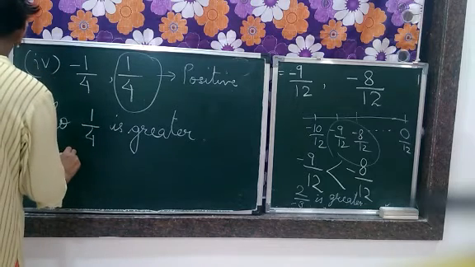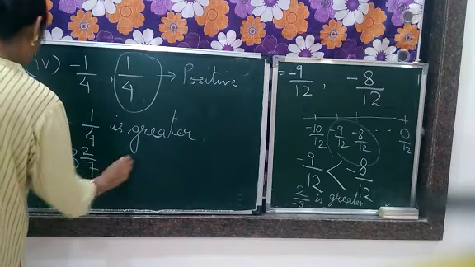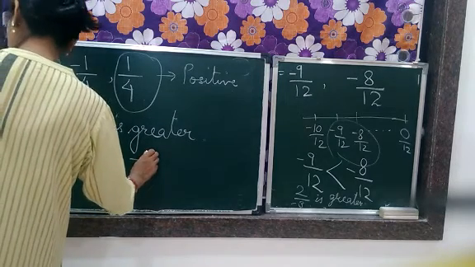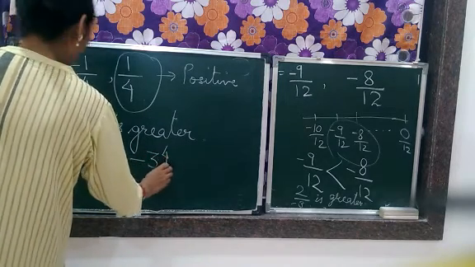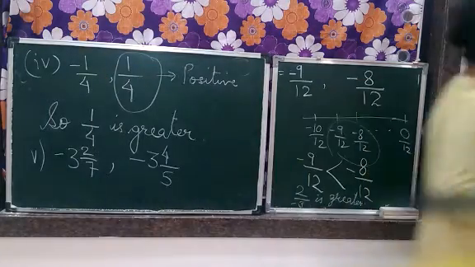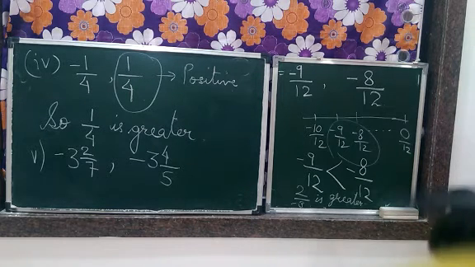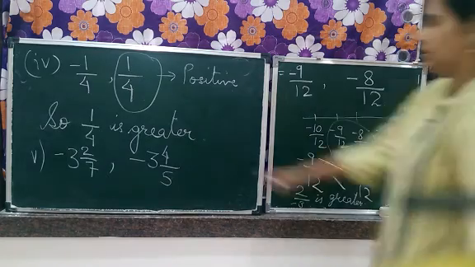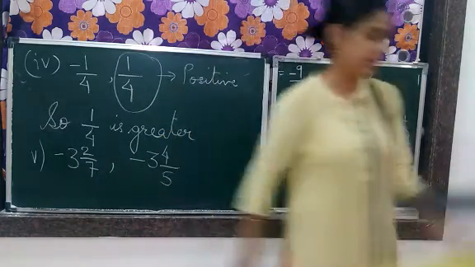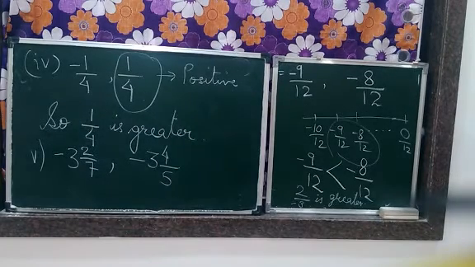Fifth one, minus 3 and 2 by 7 and minus. They are mixed numbers. We are going to convert them into fractions. Okay. And then we are going to make the denominators same.